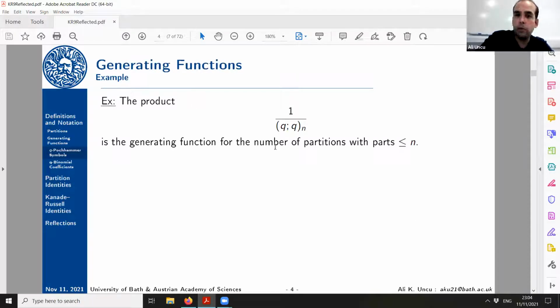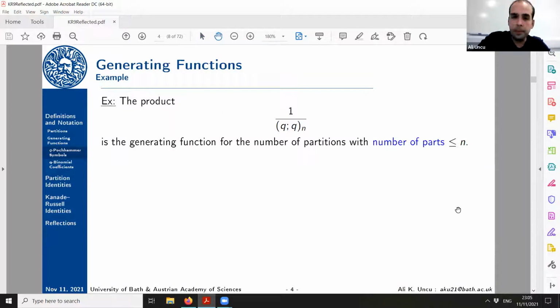This product, 1 over (q;q) sub n, can be interpreted as the generating function for the number of partitions with parts less than or equal to n. That subindex is giving us the bound on the parts, less than or equal to n. You can also interpret the same generating function, 1 over (q;q) sub n, as the generating function of the number of partitions with the number of parts being less than or equal to n.